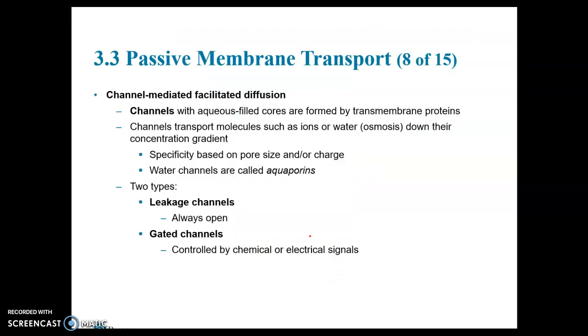And then channel-mediated facilitated diffusion happens through leak channels, like I mentioned before, which are always open. Or there are some channels that have a gate that opens in response to a chemical signal or an electrical signal, a voltage change. One type of channel that's specific to water is called an aquaporin.